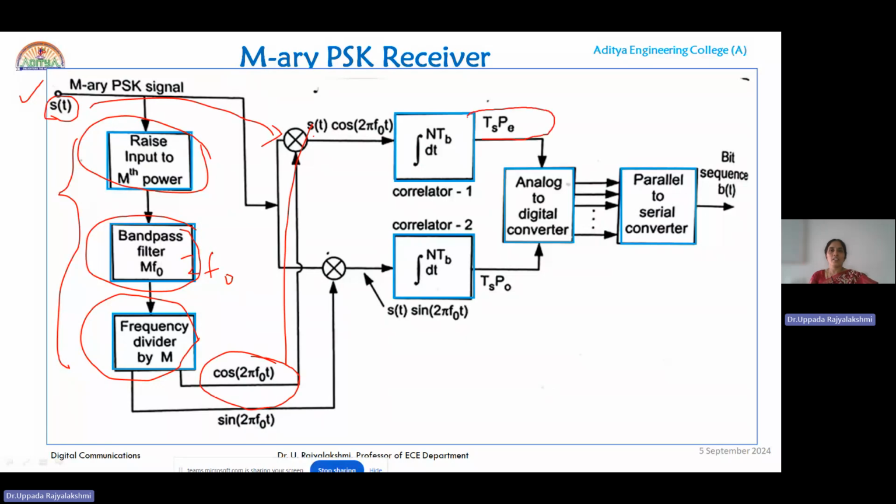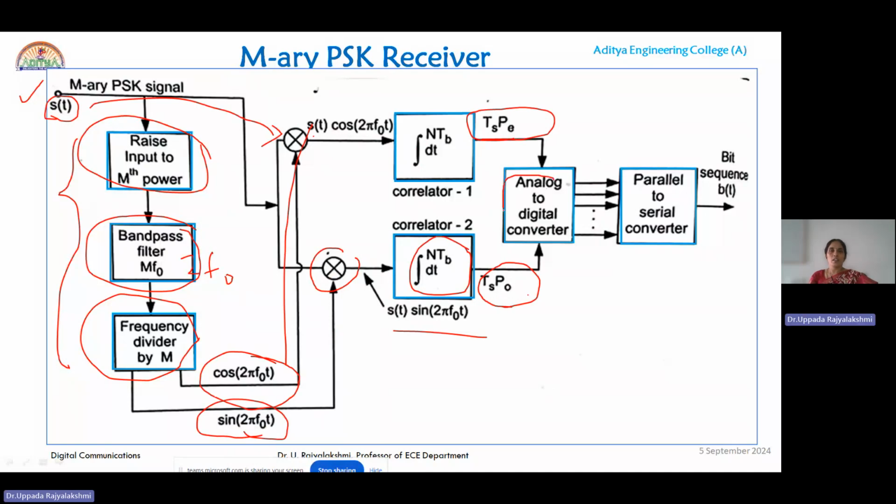Then you will get T_S into P_e as the output of correlator 1. And similarly, in correlator 2, you have a multiplier that multiplies the incoming M-ary PSK signal with sine 2 pi f naught t. Then the output is applied to the integrator, where the output of multiplier 2 in correlator 2 is S(t) into sine 2 pi f naught t. So the output of correlator 2 is T_S into P naught.